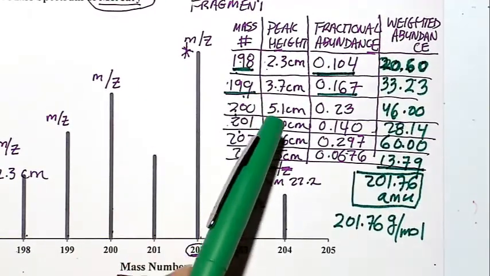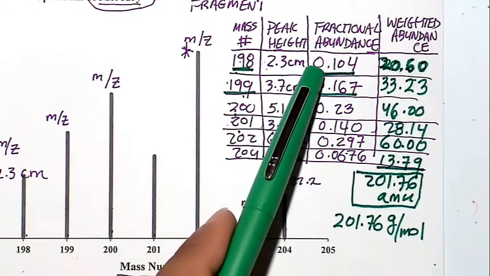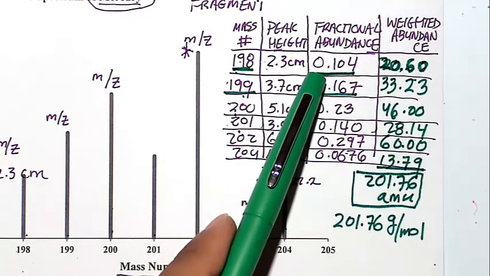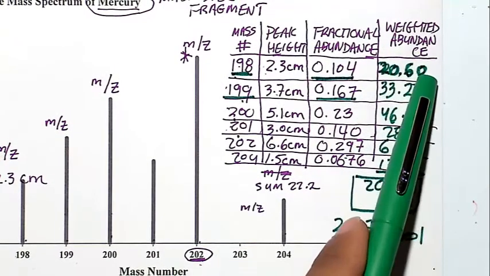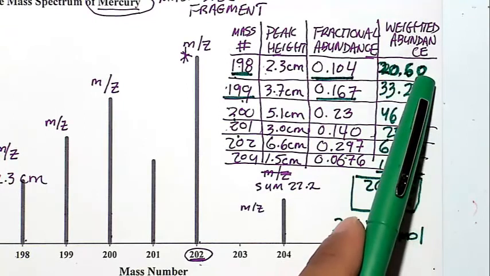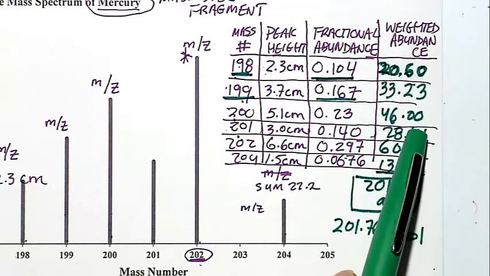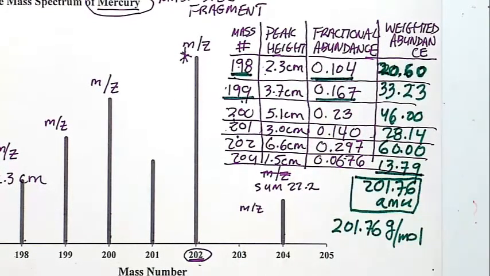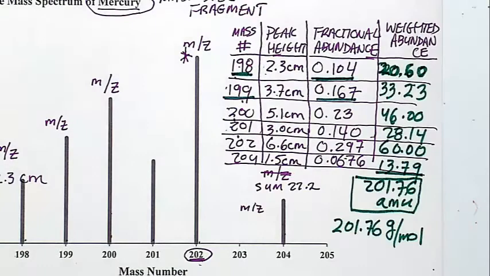Determine the peak area, and you get the proportional abundance of the peak area relative to all the other peaks, and multiply that by the mass number to get the amount of mercury that's 198. This is the amount of mercury that's 199. This is the amount of mercury that's 200. This is the amount of mercury of 204. All of those come together to give you the 200.59 that you see in the periodic table.